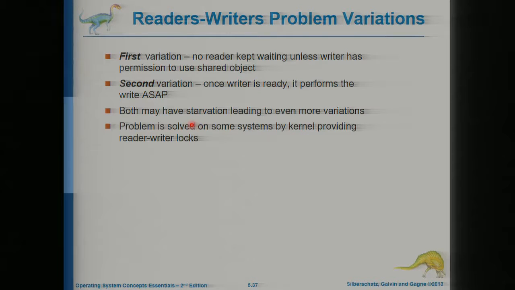Now, another process comes in and says it wants to read. The writer is waiting, some processes are already reading the data set, and another process enters the system and says it wants to read. The policy is first reader, right? So the writer is made to wait and this process is allowed to read.